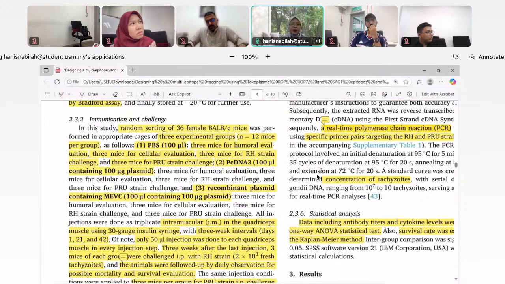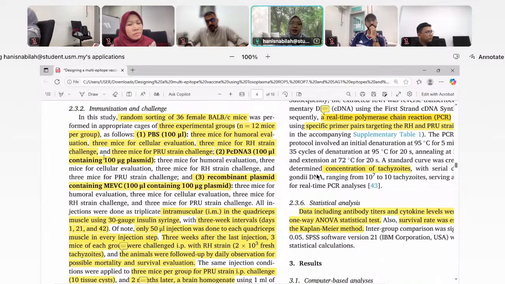For the immunization part, they have 36 female mice, and they divided these mice into 3 groups. PBS is the control group, then the empty plasmid, and also the recombinant plasmid that contains these multi-epitope vaccine candidates.